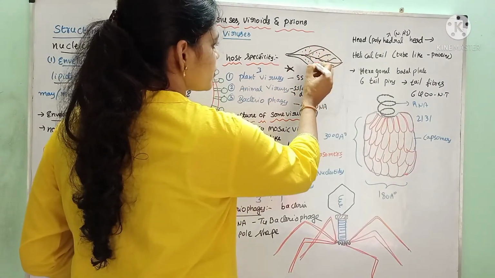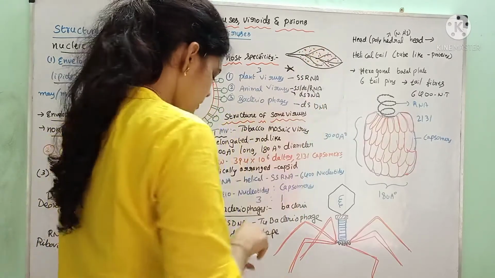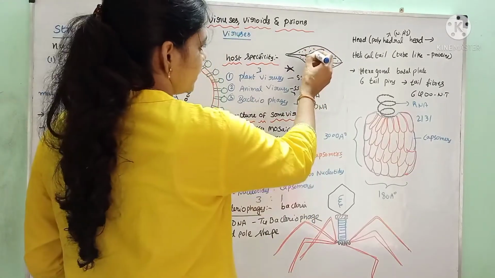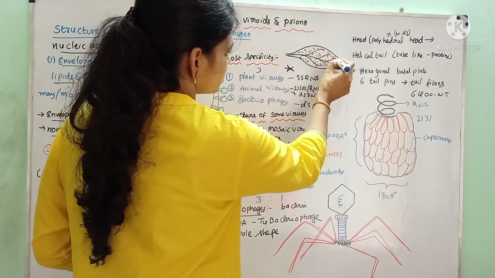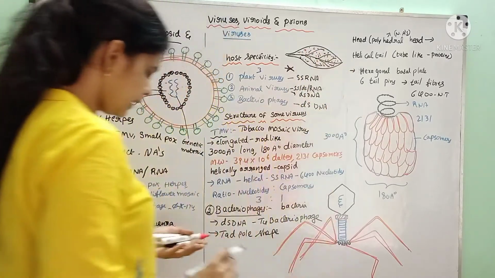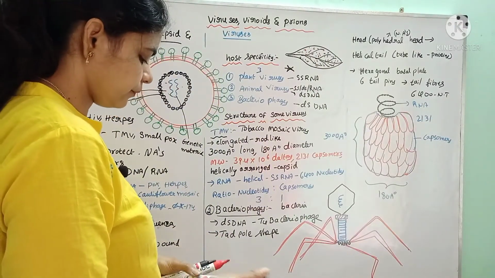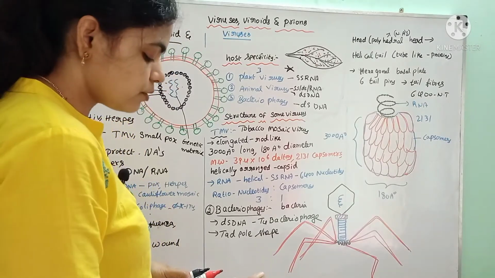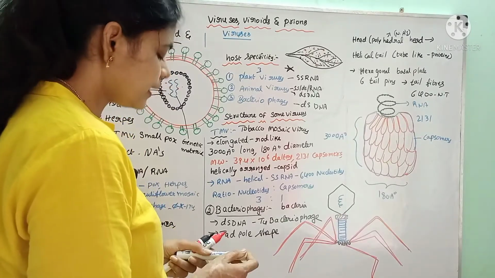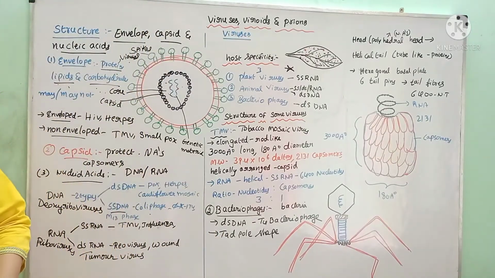The leaves will appear like this, and that decreases the yield of the tobacco plants also. And who worked on this? Ivanovsky, Beijerinck and Stanley. These three people worked on the mosaic disease of tobacco plants.